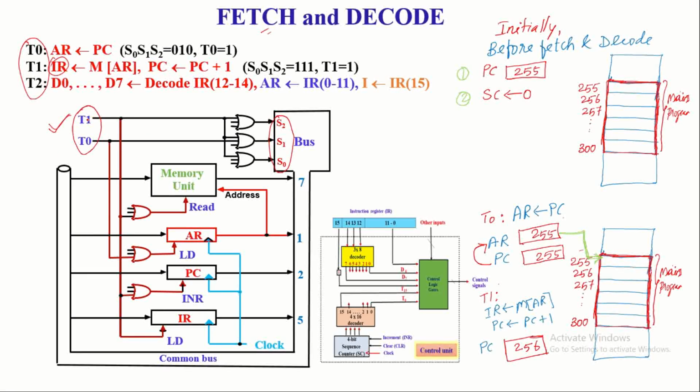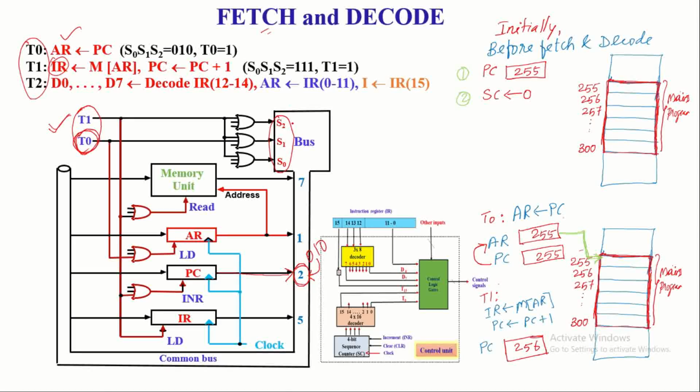Let us now relate the micro operations with the timing signals specified in this diagram. During the timing signal T0, what is the operation to be performed? The content of the program counter needs to be transferred to the address register. To enable this transfer, the selection signal values must be 0, 1, 0. 0, 1, 0 is the binary equivalent of the decimal number 2, which is specified along the program counter register.